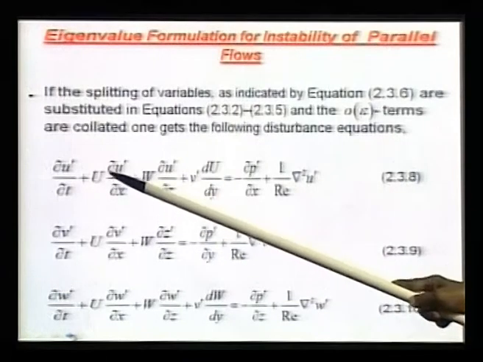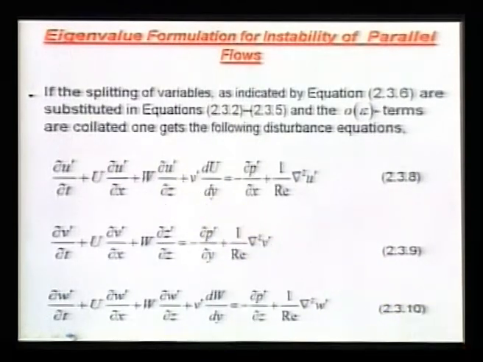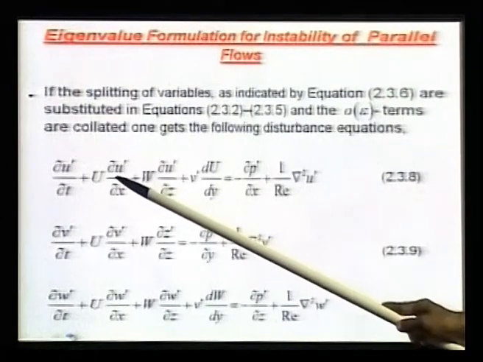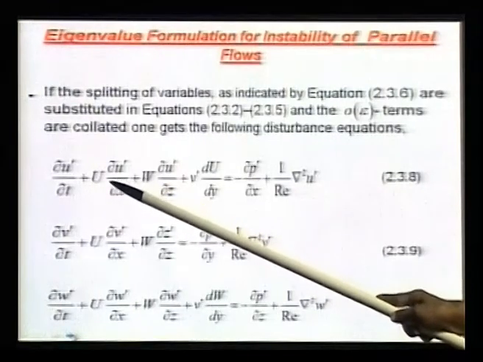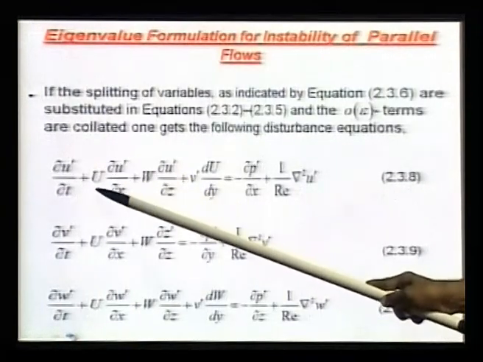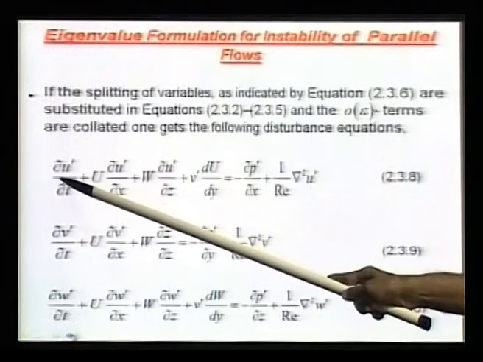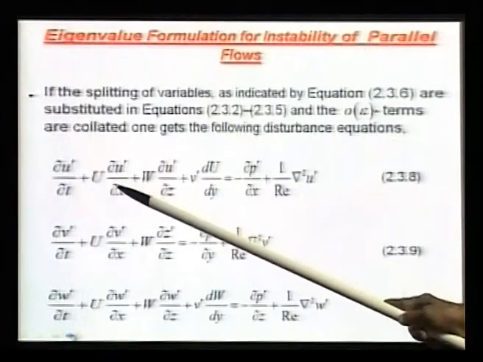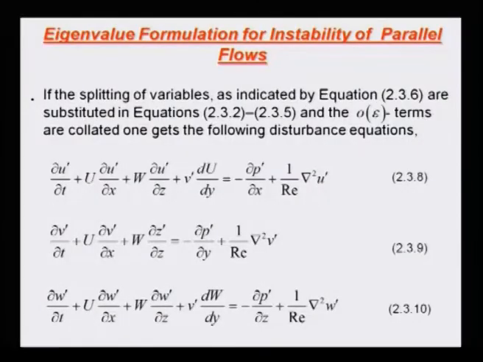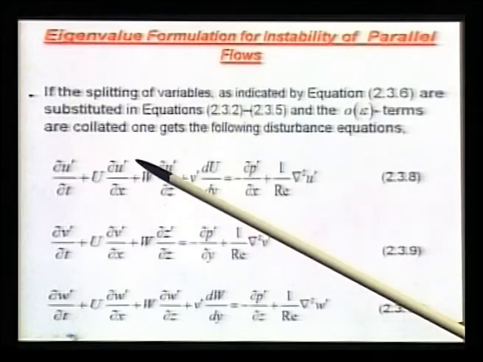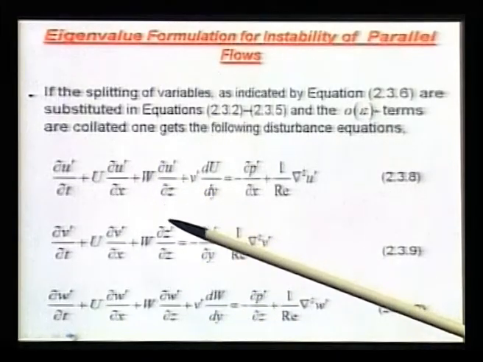What about this term? This term comes from u del u del x. Now, u has capital U plus u prime. Okay. So, I will get this capital U times this. This is an order epsilon term. This is an order epsilon term. Okay. What is omitted? The term that is omitted is basically u prime into del u prime del x, that is epsilon square. So, that term has been thrown away, because we are studying linear stability theory.